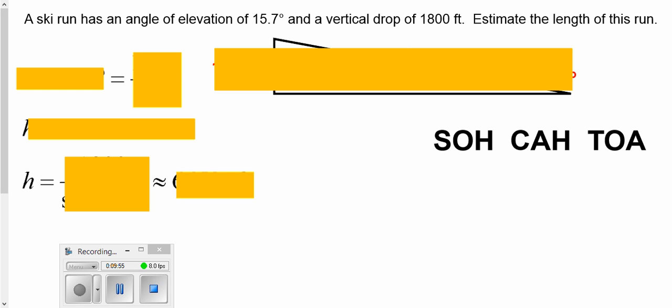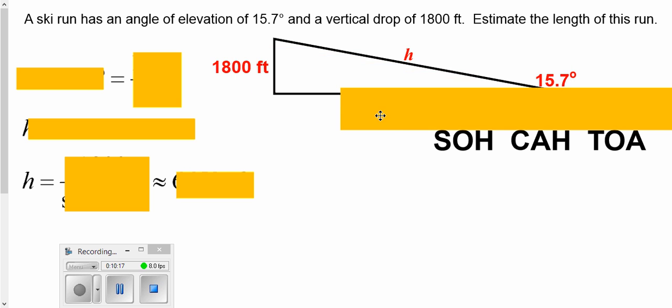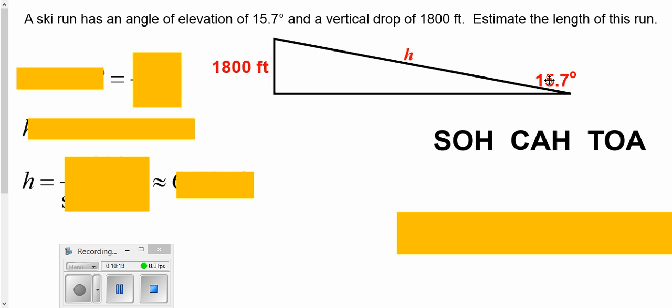We have one more problem to look at here. We have a ski run, with an angle of elevation of 15.7 degrees with a vertical drop of 1800. So basically you want to go ahead and draw yourself a right triangle to model the situation. You know your angle going above the horizontal is 15.7 because it says angle of elevation.